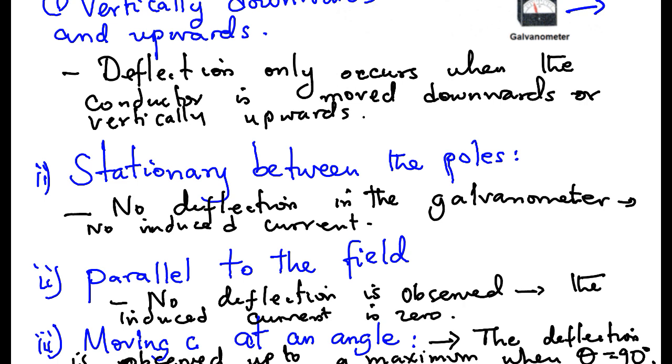So, we therefore conclude that for current to be induced into the conductor, there must be a relative motion, which is also determined by the angle between the field and the conductor. Maximum current is induced when the angle is 90 degrees.